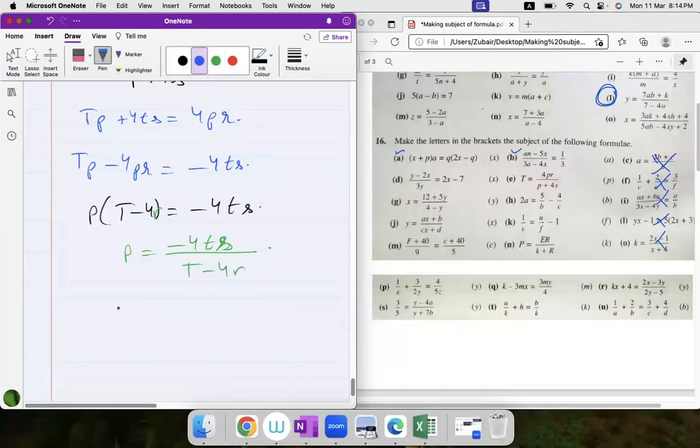Oh yeah, the negatives cancel out. Either this or 4ts over... we change the signs in the denominator. Okay.